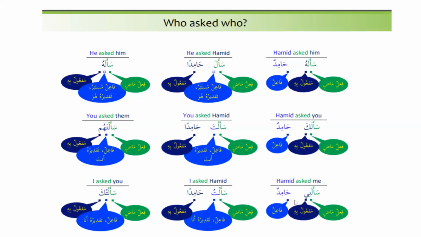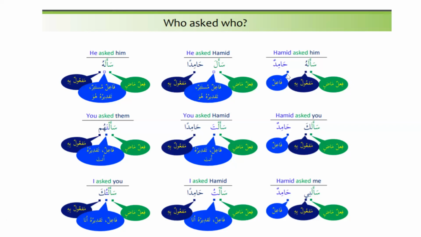Then sa'alani Hamidun. Here we have an attached pronoun ni as a maf'ul bihi. So Hamid asked me. Sa'altu Hamidan. Now sa'altu, ana is the doer. I asked Hamid. Sa'altuka. I asked you. Again, another example of an attached pronoun as maf'ul bihi.